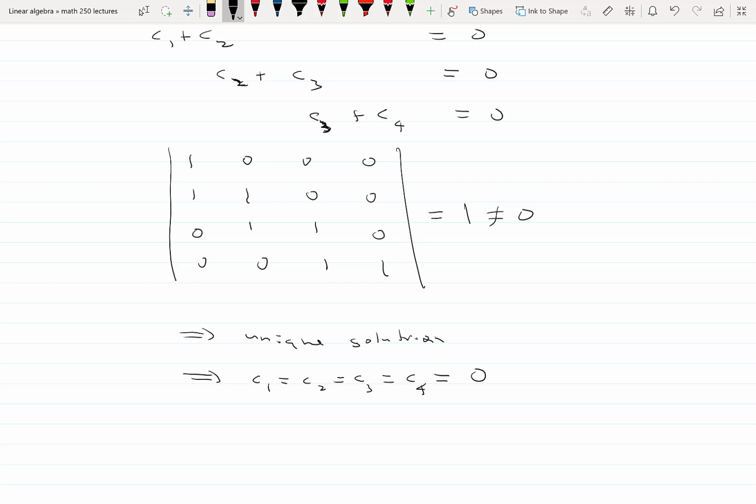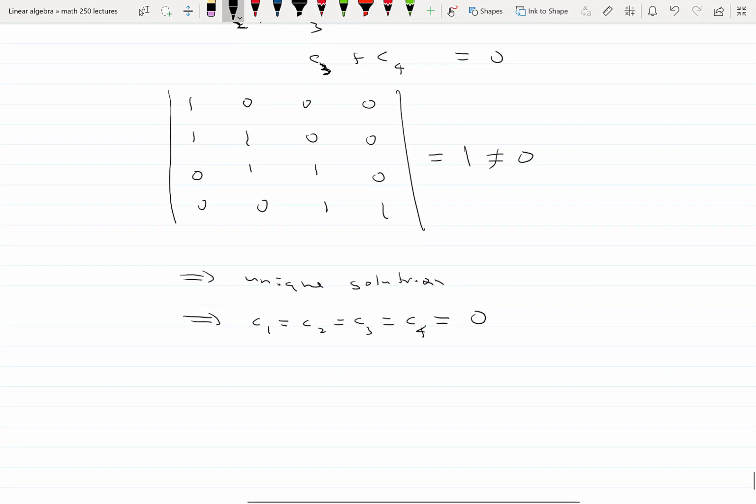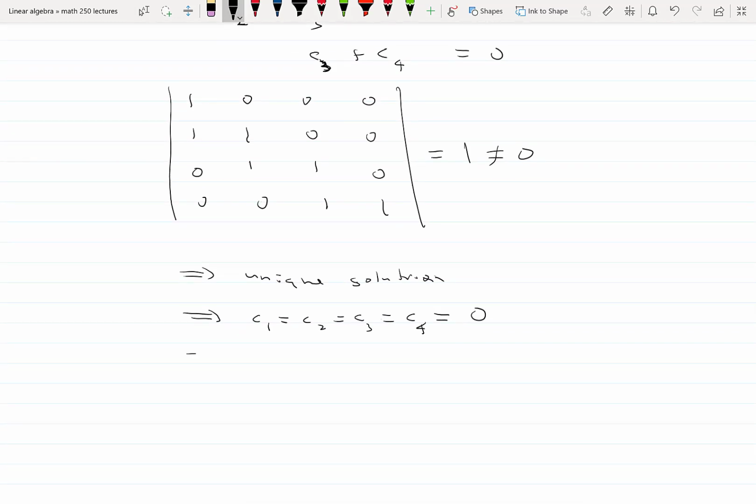And since the system is homogeneous, that is, the constants are all zeros, that solution must be all the constants equaling zero. And that, and only that previous stuff, shows that the vectors v1, v2, v3, and v4 are linearly independent. Do not skip steps. Okay. Oops, there's no QED. It wasn't a proof.